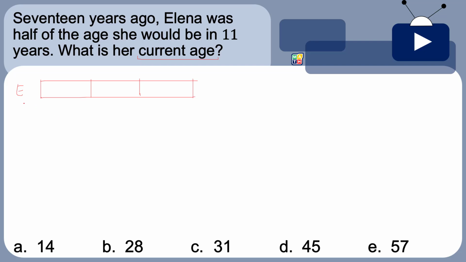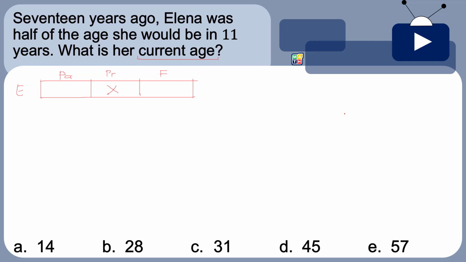For Elena, we are asked about the current age, the present, and there are other details like 17 years ago, which is the past, and in 11 years, the future. So let's arrange it into an order. Of course, this will be the present, this is the past, and this is the future. At present, that's what we're looking for. Let's represent it by X, the age of Elena at the present.